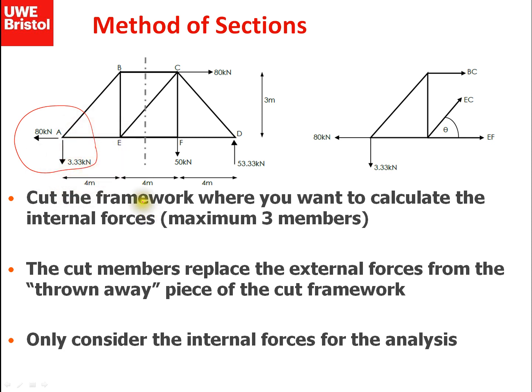Well, the method of sections is saying that we can cut through the framework, and when we cut through the framework, we imagine that those pieces of framework are going to move slightly apart. Neither of those pieces of framework are moving.